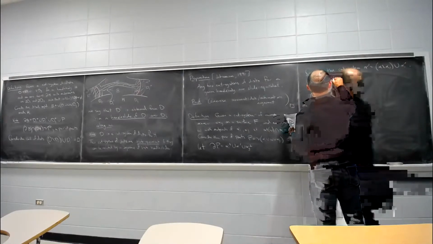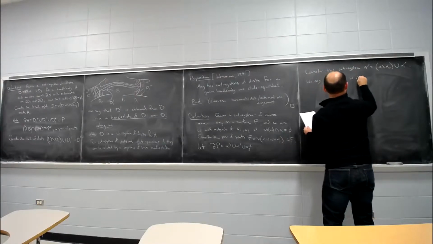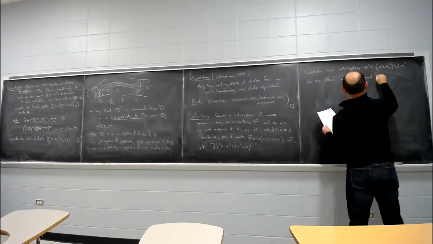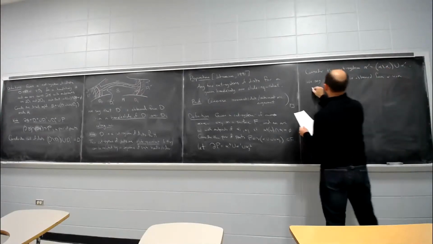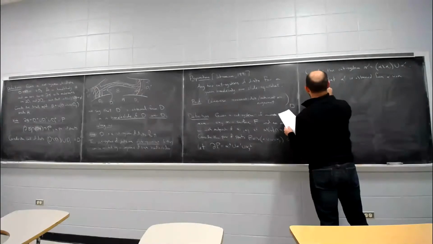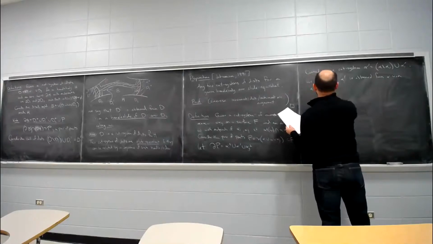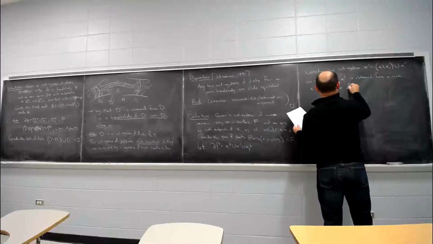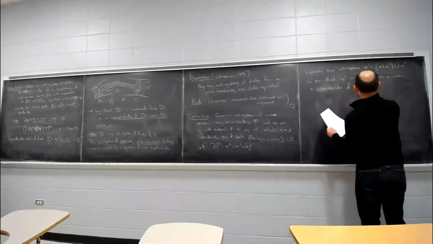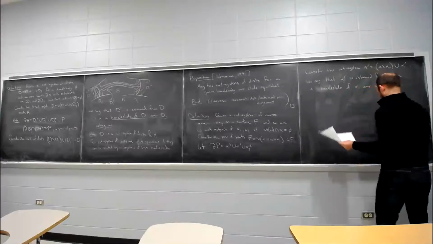We say that alpha prime is obtained from alpha via a handle slide, I think that's more common, a handle slide of alpha I, alpha j, along omega.